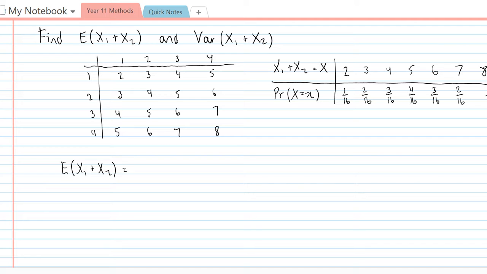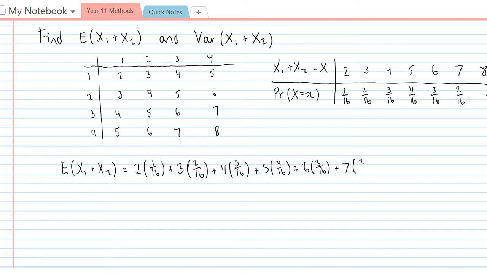And so we're going to do 2 times 1/16 plus 3 times 2/16 and then plus 4 times 3/16 plus 5 times 4/16 plus 6 times 3/16 plus 7 times 2/16 and then plus 8 times 1/16.